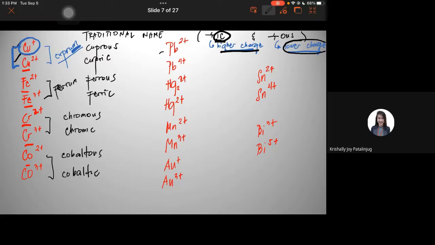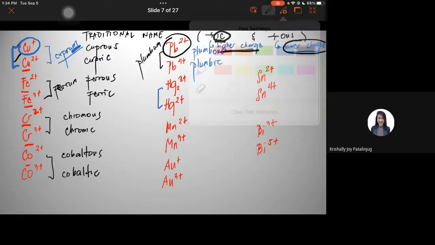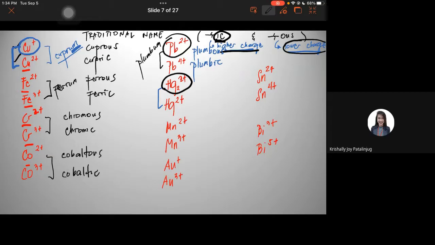Next, for lead, it comes from the Latin word plumbum. You tell me, what do you think would be the traditional name of the first encircled ion of lead? That becomes plumbous. So this is plumbous and this one plumbic. Next, the first encircled ion of mercury.